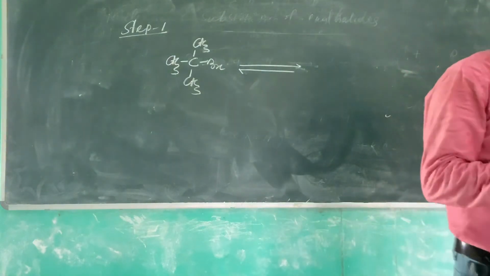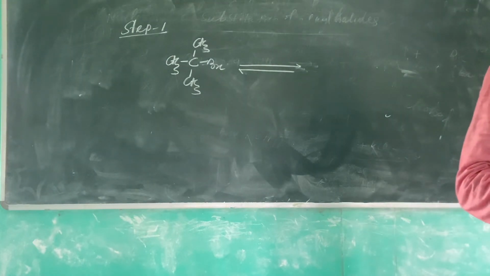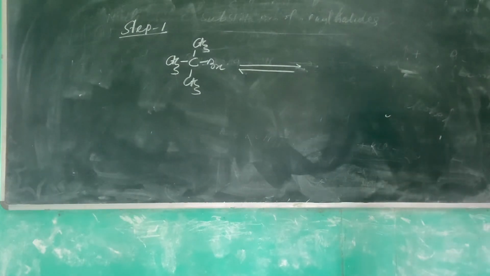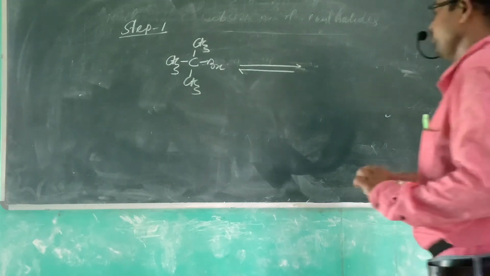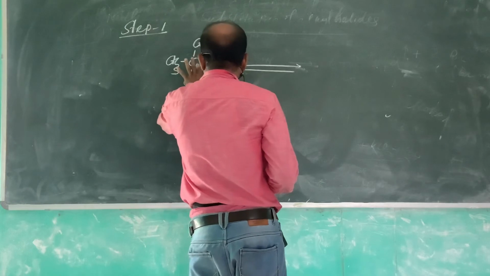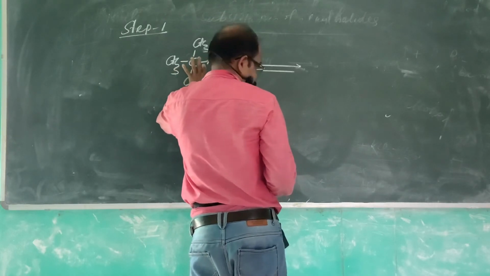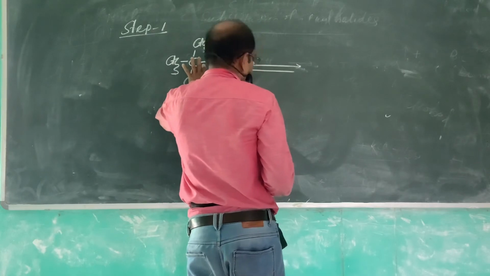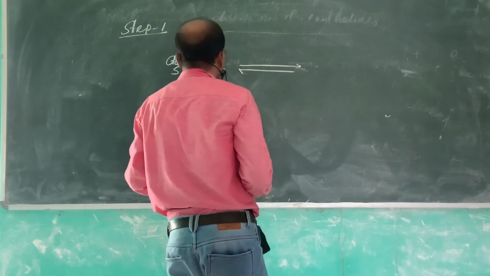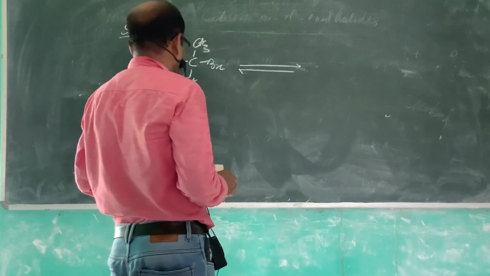In an SN1 reaction, we take a polar protic solvent because for the decomposition of the carbon halogen bond, some amount of energy is needed.